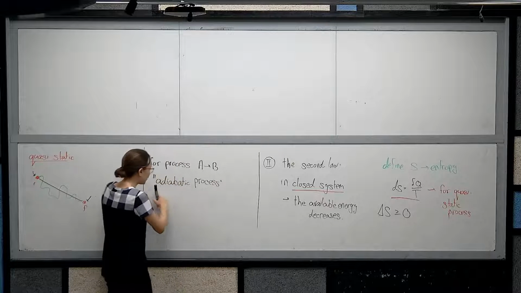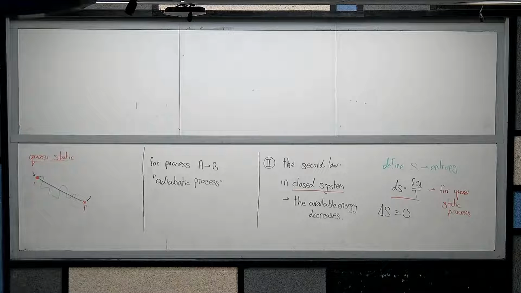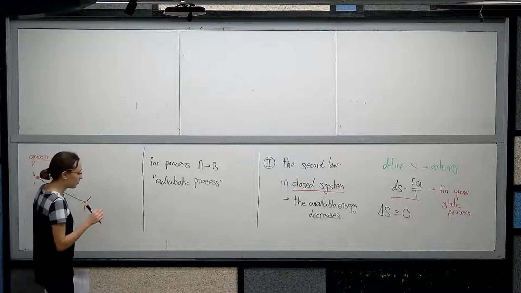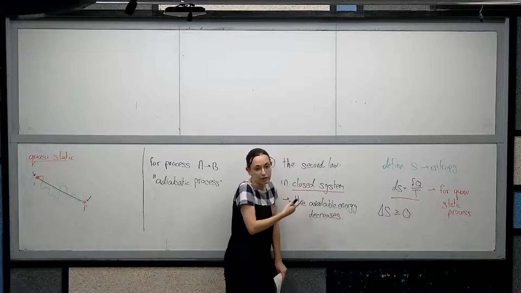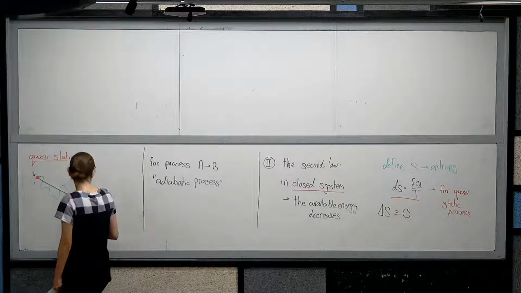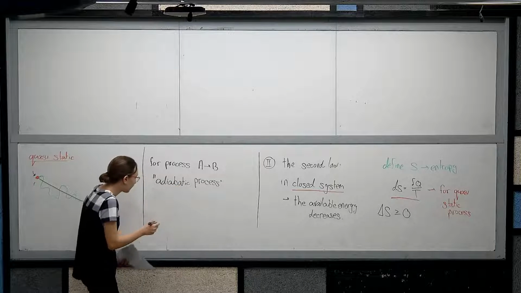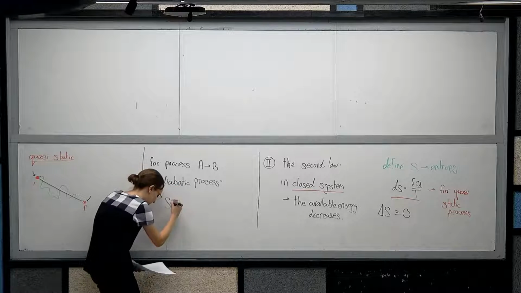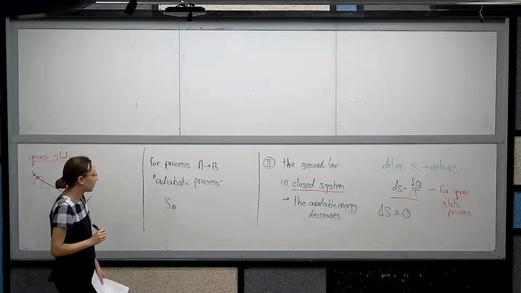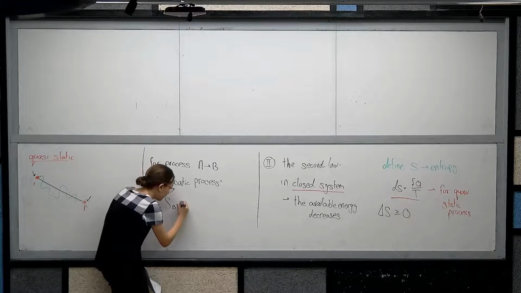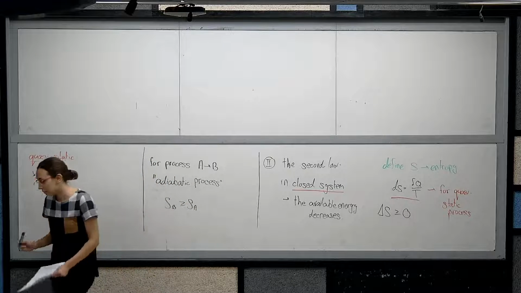It's the same, because adiabatic tells us that there is no heat transfer from the system or into the system, so it's actually a closed system. There is no energy exchange. So if we have a process from A to B, we can say that the entropy of state B is bigger or equal to the entropy of state A.